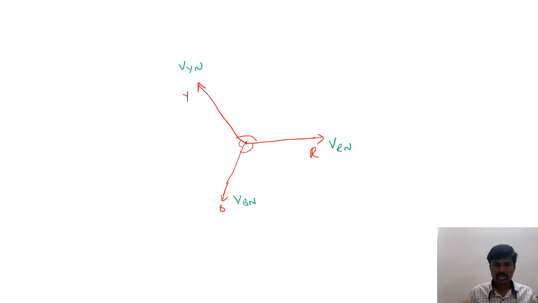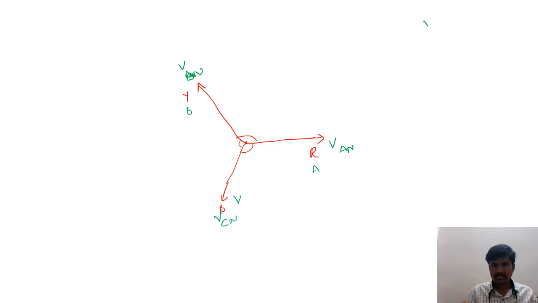Now here we have mentioned VAN, right? Instead of R, Y, B, we can also consider A, B, C. So this is VAN, this one is VBN, this one is VCN.